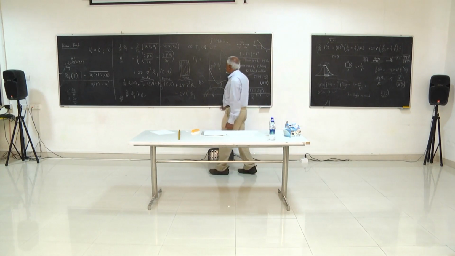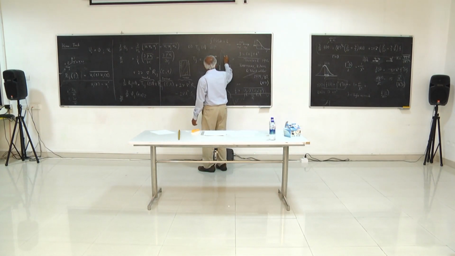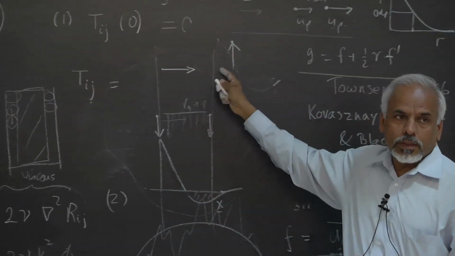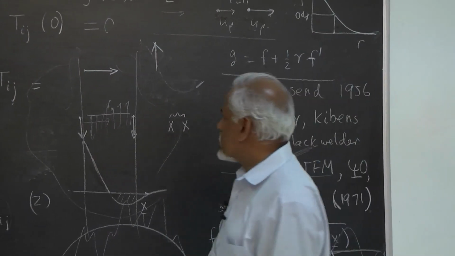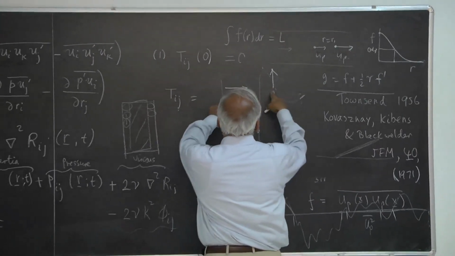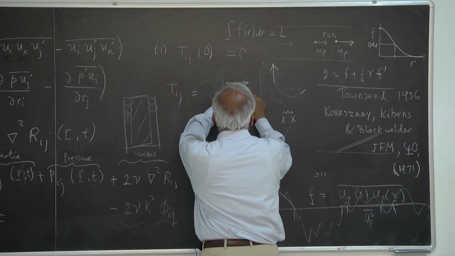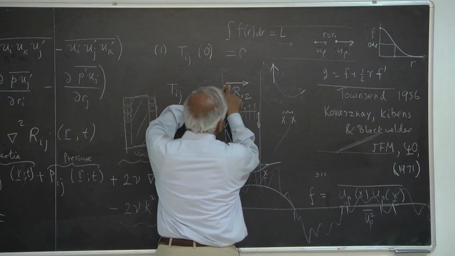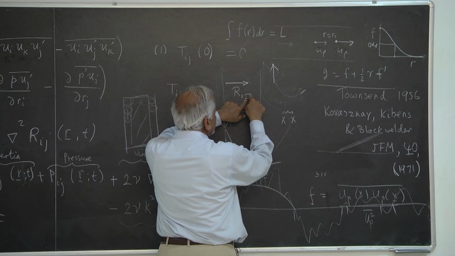You can construct any correlation you like. For example, you can construct a correlation like that and a correlation between velocities like that. Okay, you can do that. But the point in isotropic turbulence is this will be R1,2, right? Because at the ith point it is in direction 1 and the jth point it is in direction 2, so it's R1,2.